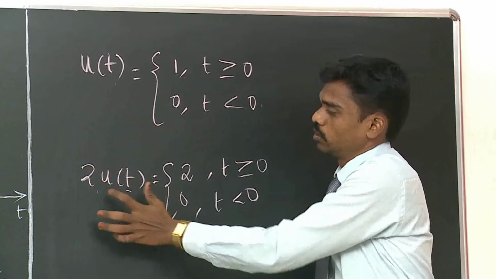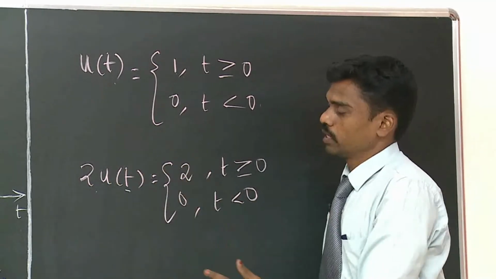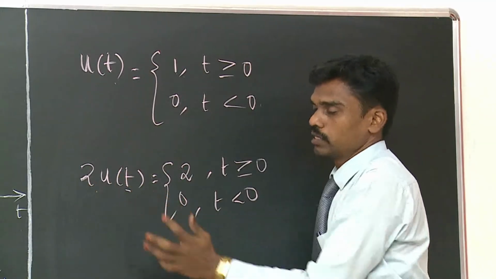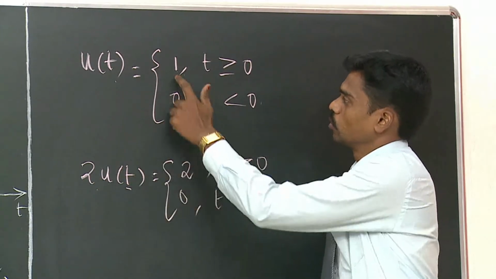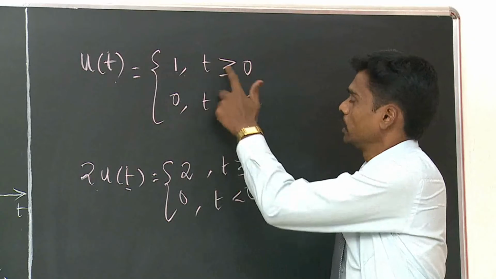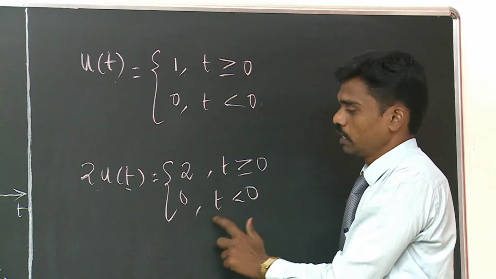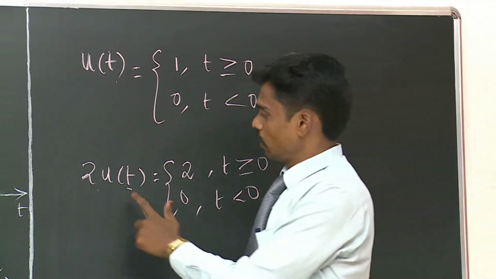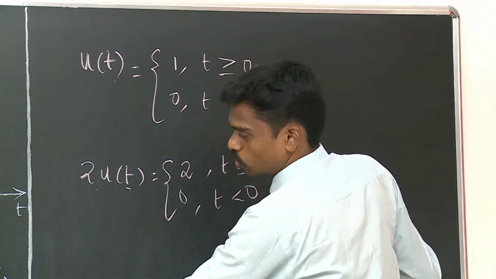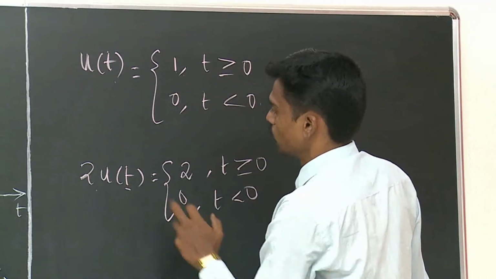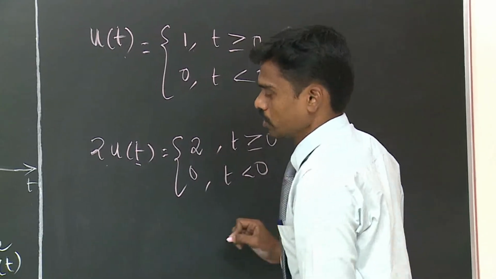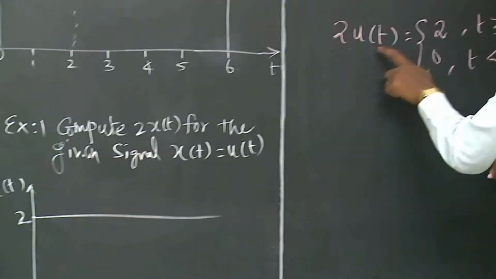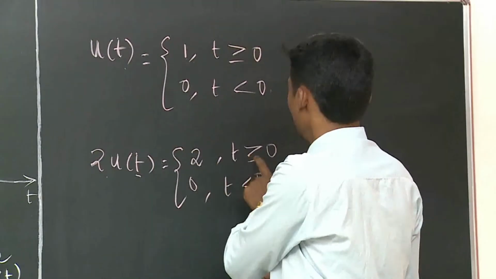Without making any alteration on the time, I am just scaling the amplitude by the factor 2. So 1 into 2, 2 for t greater than or equal to 0, and 0 for t less than 0. If I draw this 2 u of t signal, which is what was asked in the question, the signal is equal to 2 for t greater than or equal to 0.